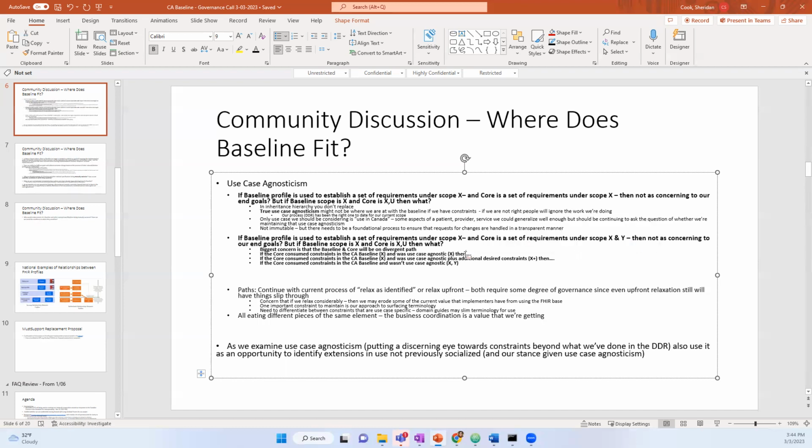Because I do think that the scope of the thing that is deriving from us matters. And I think if we have the opportunity, we should be able to say, okay, to try to describe the future, the places where we play well together, right? So if the CA baseline was replaced by, let's say, a CA core that was similarly use case agnostic, had all of the same constraints.